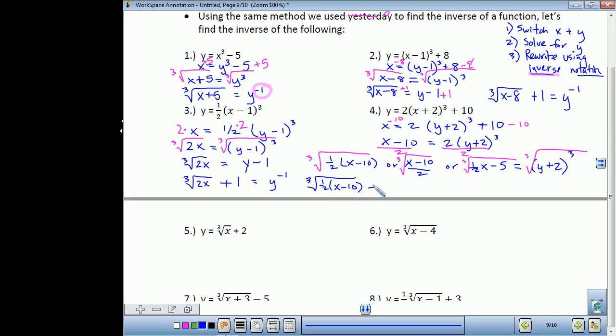Yeah, we would have to subtract 2. Another acceptable answer would look like this. And the final acceptable answer would be this one. So all of these are right.